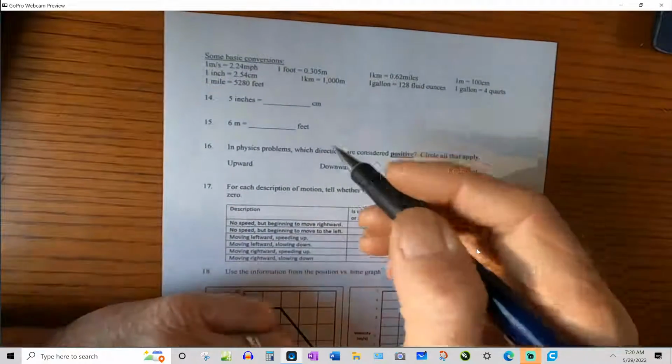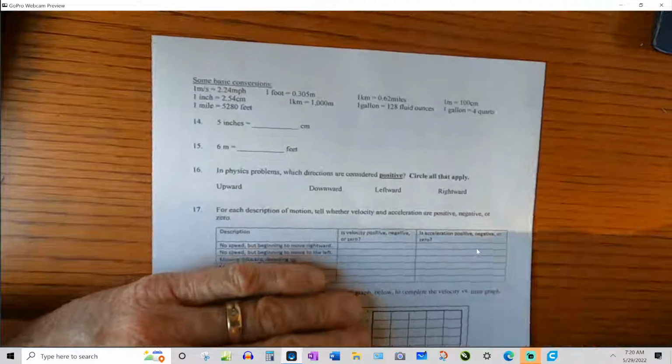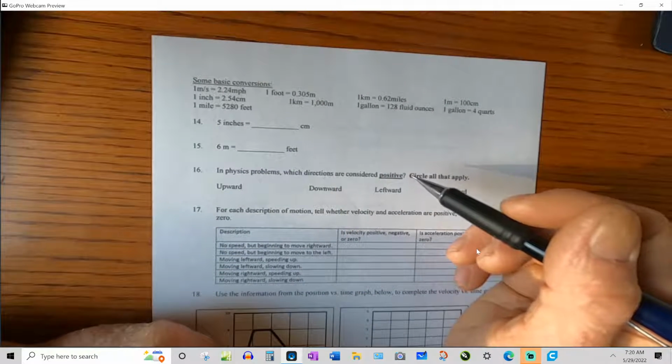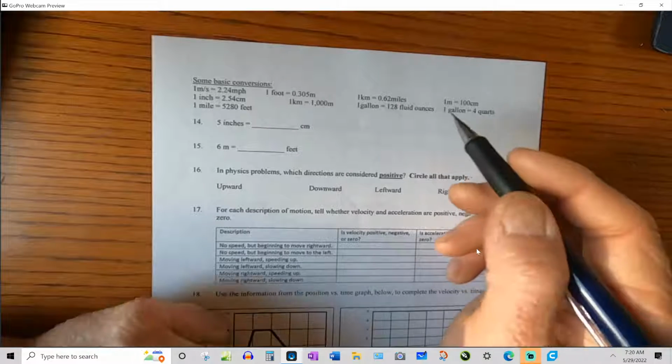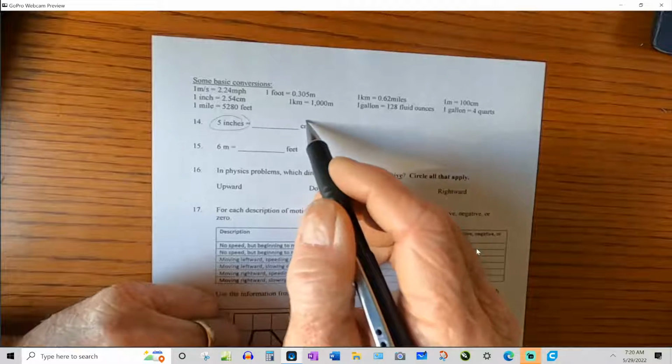Some conversions. So it won't be these. I'm going to pick some stuff from this menagerie of equal quantities and have you do some conversions. So I've got 5 inches and I want to get that to centimeters.